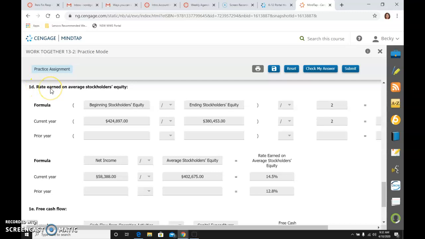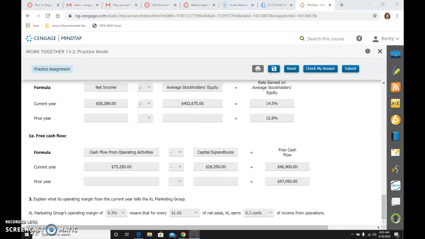Rate earned tells me return, tells me net income, and then I divide by that average stockholders' equity to get this last rate earned on average stockholders' equity. You'll hear me call that return on equity a lot, and return on assets for the other one, because that's what people in the industry tend to use.